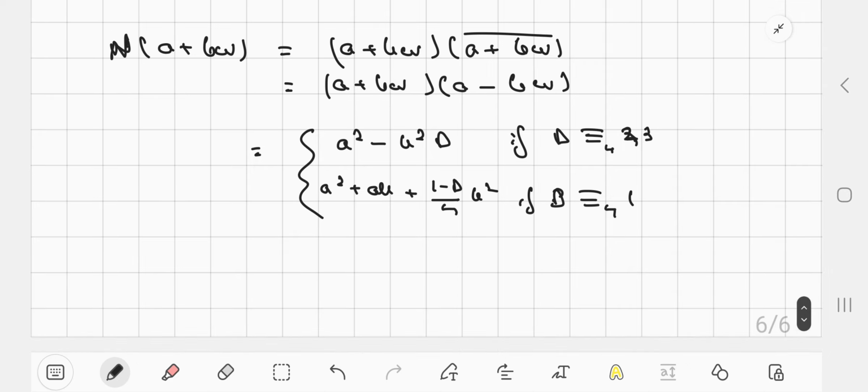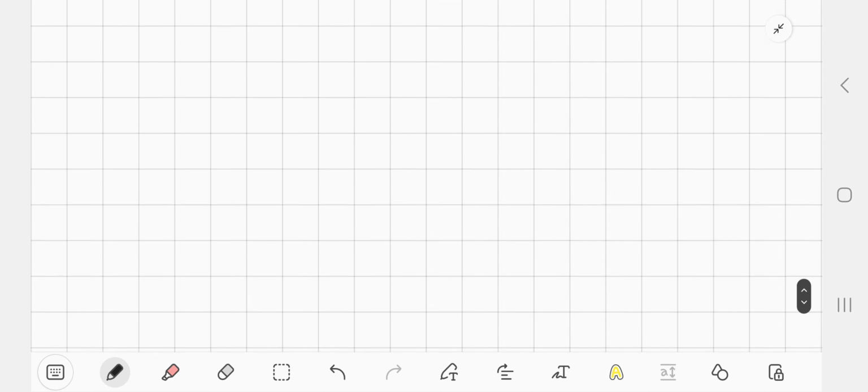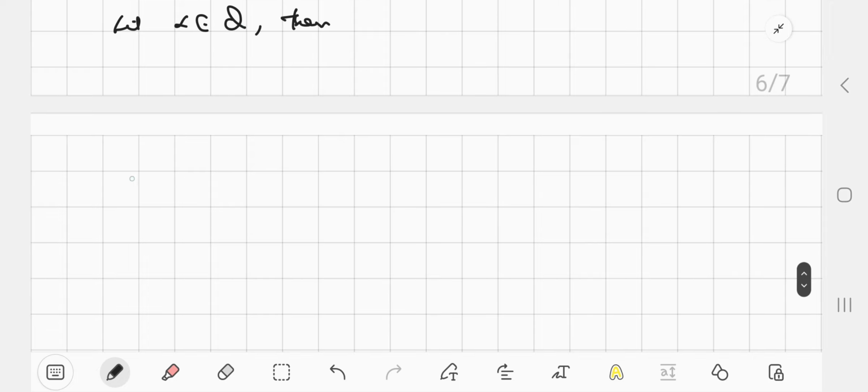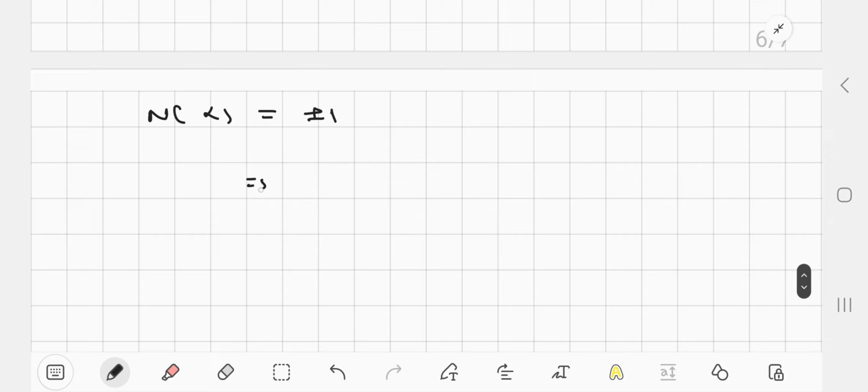Now observe the fact. If I choose any alpha from theta, and the norm of alpha is equal to plus minus 1, then this implies a plus b root d times a minus b root d is equal to plus minus 1.